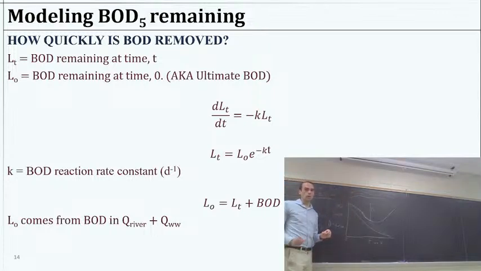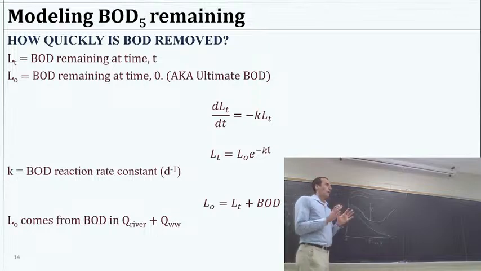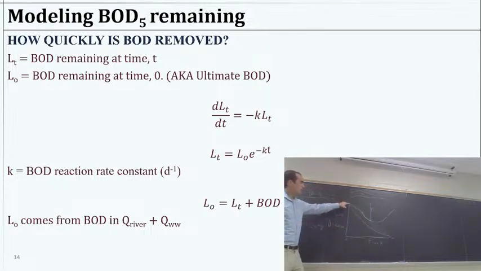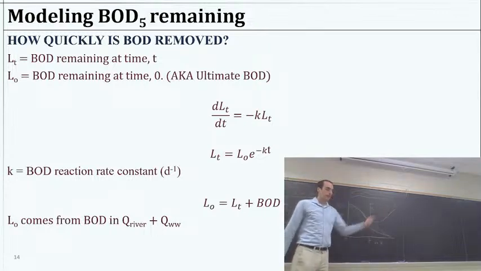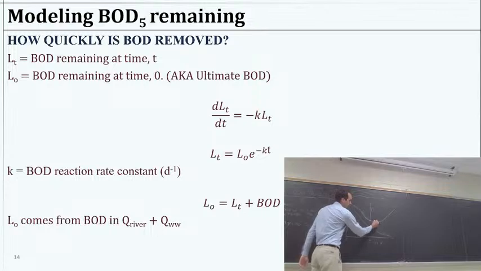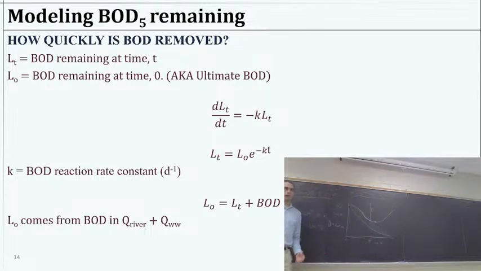Okay, so that's our goal right here, is to say, how can we achieve some insight on what this is going to look like? Because one of the things we might be worried about as well is, at what point do we hit this lowest spot? And how low is that lowest spot? So that's one of our targets, is to understand the worst case scenario, when it happens and how bad it is, and overall be able to predict, given this wastewater discharge, how does the outcome look? Right? That's our goal.